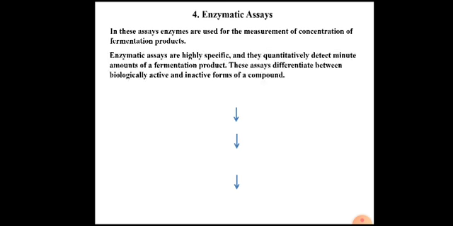That is the difference between enzymatic assays and enzyme assay. You will be learning enzyme assays in biochemistry practicals, where we measure the concentration of enzyme. Here we are measuring the concentration of fermentation products with the help of enzymes. So in these assays, enzymes are used for the measurement of concentration of fermentation product.